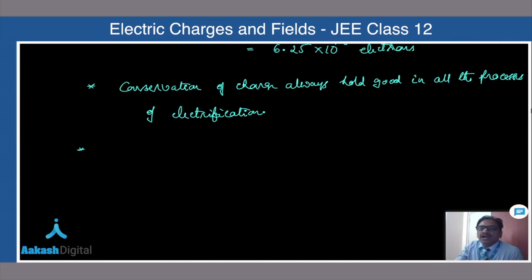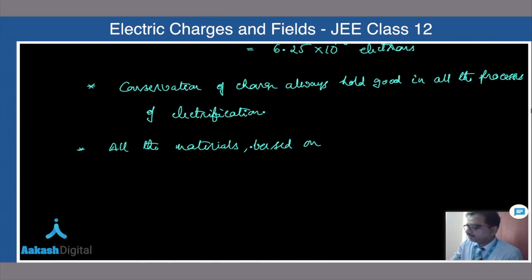Now let us see, we have different types of materials, and these materials, depending on their conductivity, are classified into three types. Okay, all the materials based on their conductivity are divided into three parts.